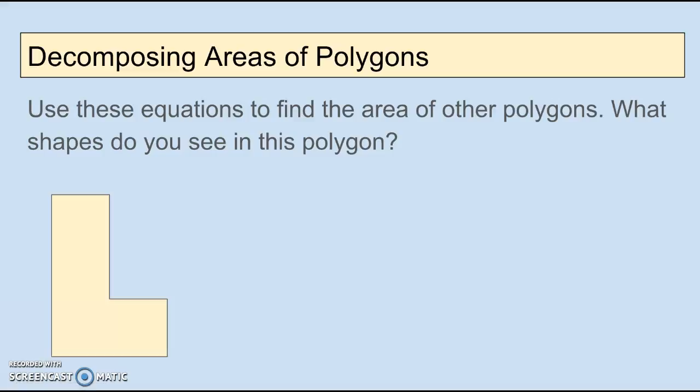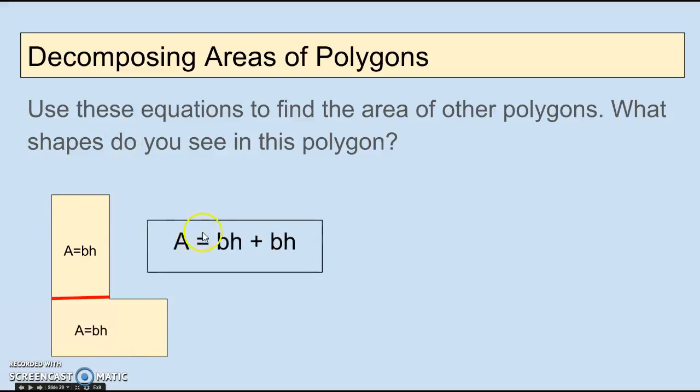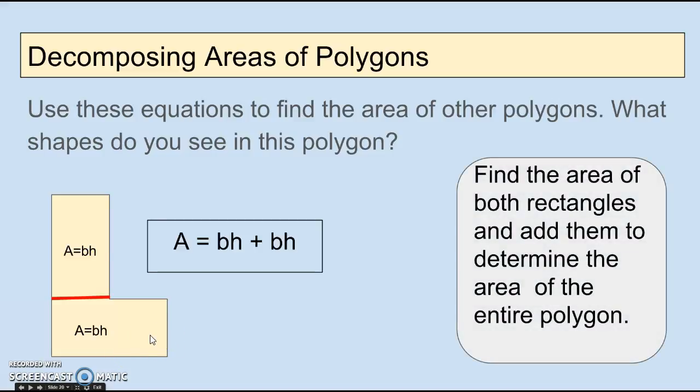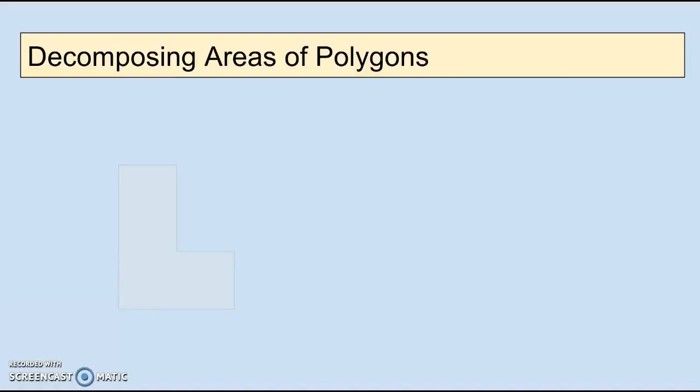Okay. There are different ways that this can be decomposed. I'm going to add a line right here. And so now you see that we have one rectangle here and another rectangle here. So to find the area of the entire figure, we're going to add this area and this area. And then you will have the area of the entire polygon. So it might look something like this.